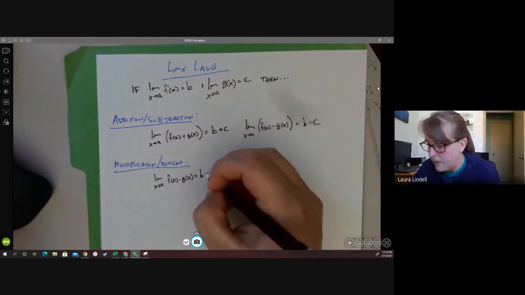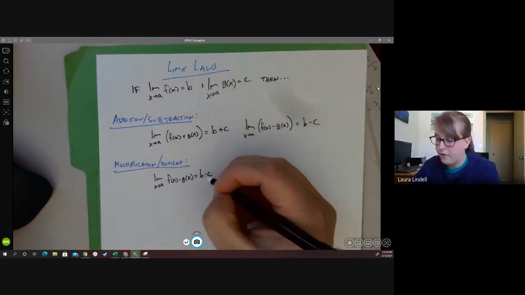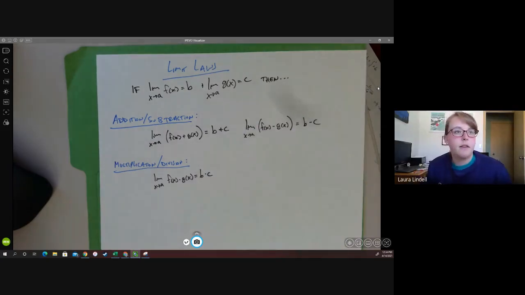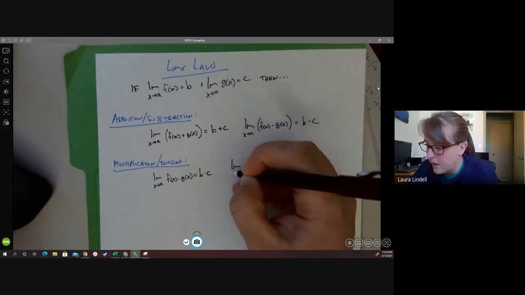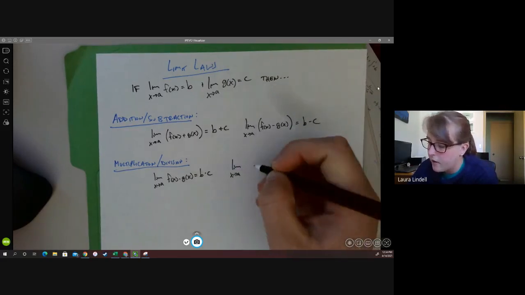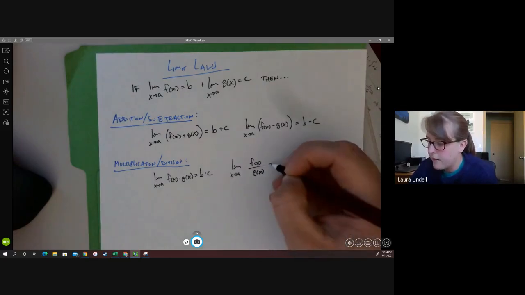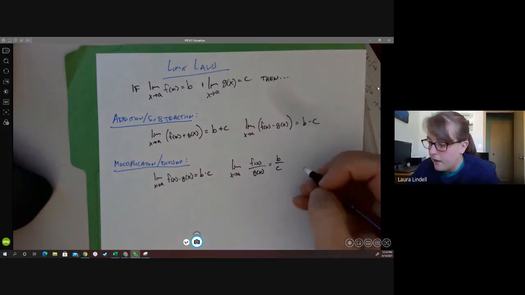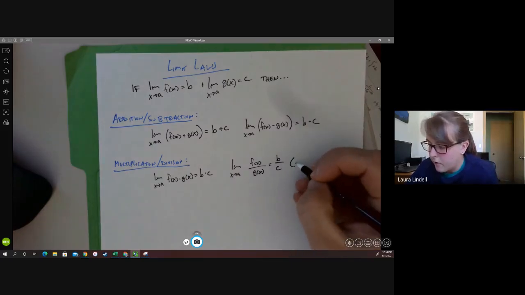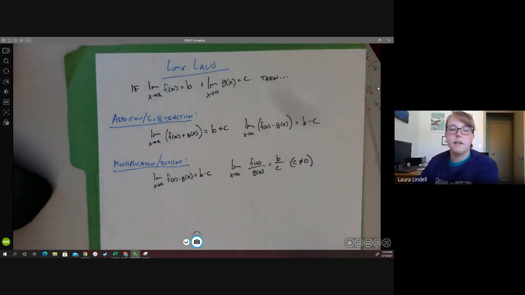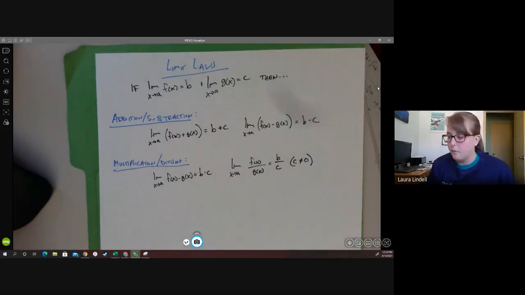And that's just going to be b times c, the limit of f times the limit of g. Or we'll see things like the limit as x approaches a of f of x divided by g of x. And that's just going to be b divided by c, as long as c is not 0. If c is 0, then that limit doesn't work out.